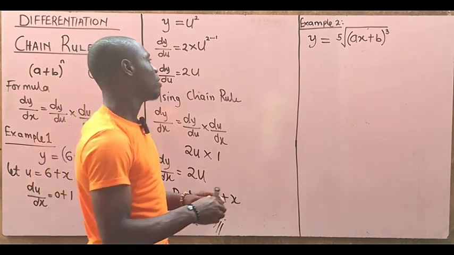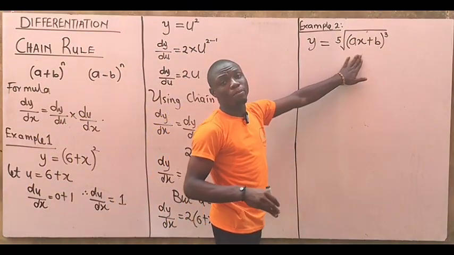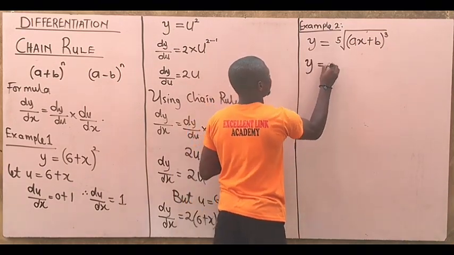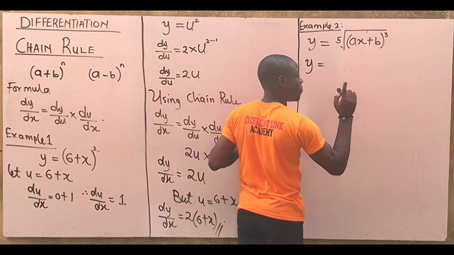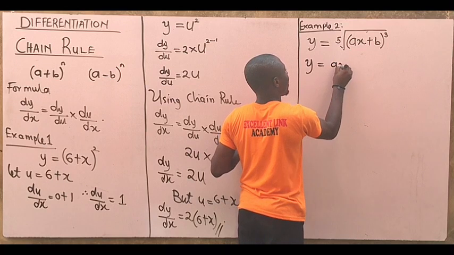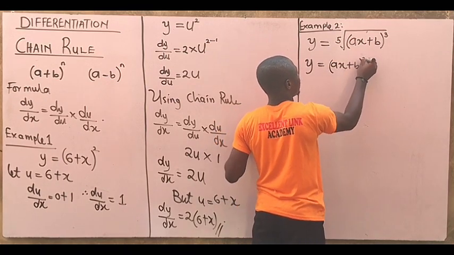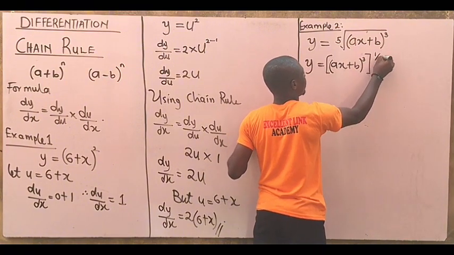What's the first task? We said my first task here is to take this back to indices level. So it means that I'll have y is equal to, if I have fifth root, it means 1 over 5. So I'll have ax plus b, as in this case, this is power 3, right? Then I'll have 1 over 5.